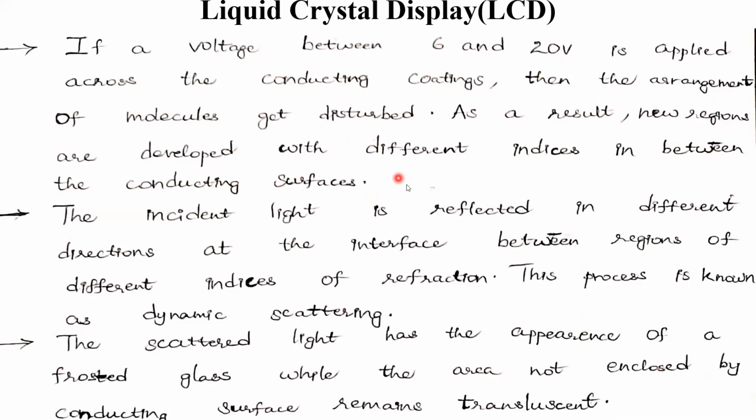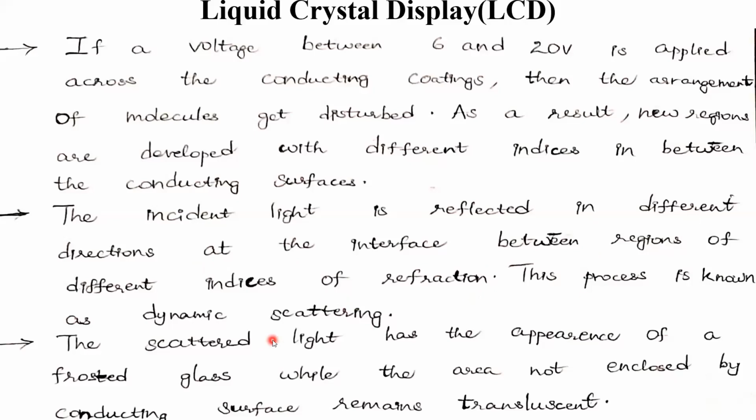The incident light is reflected in different directions at the interface between regions of different indices of refraction. This process is known as dynamic scattering.